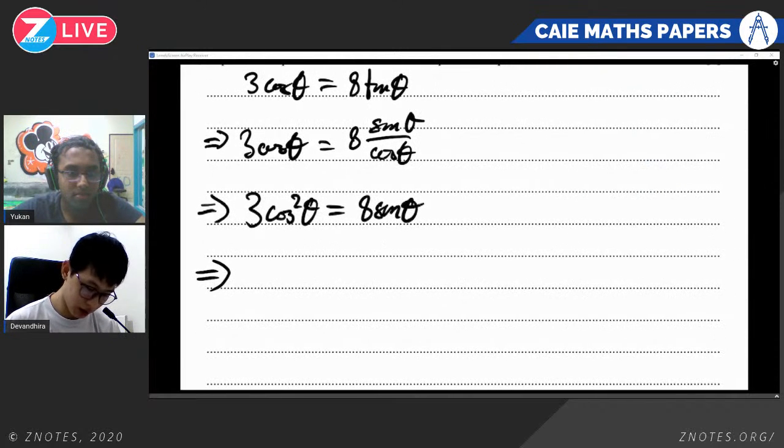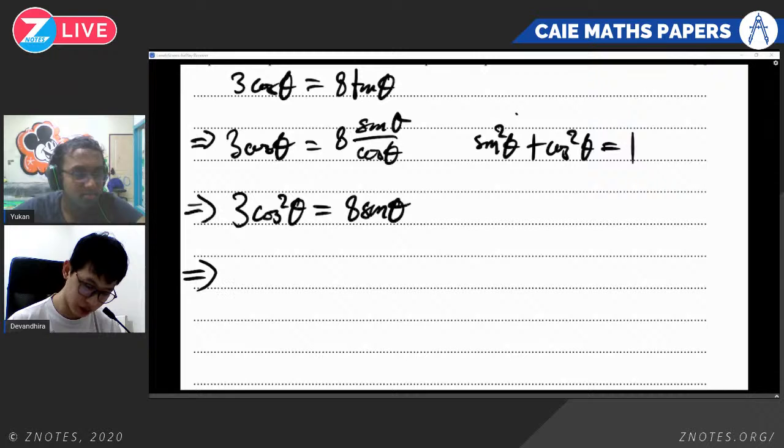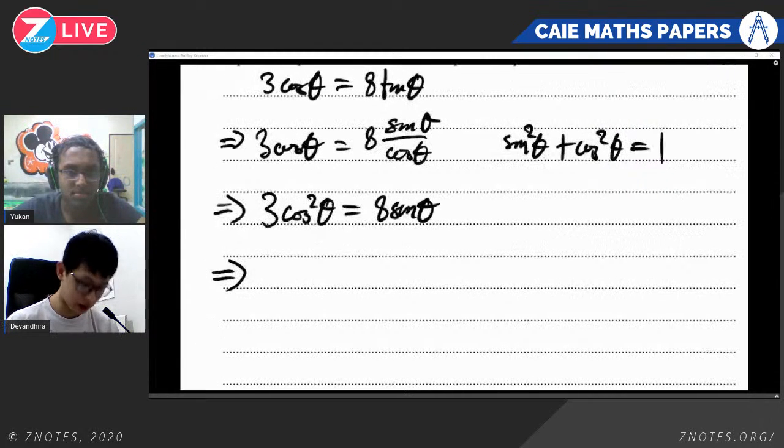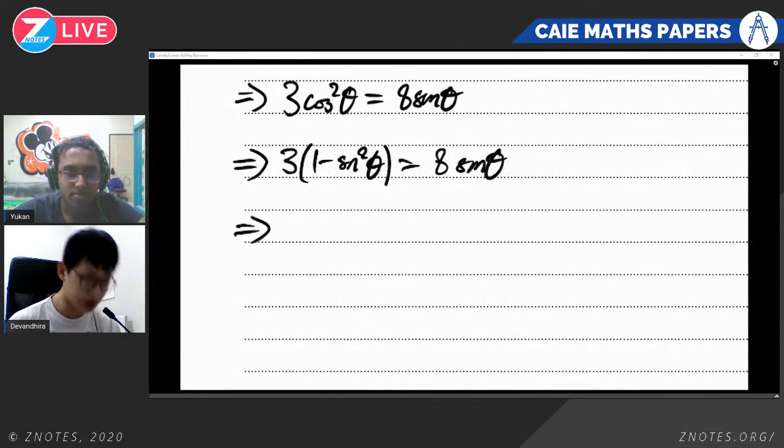Let's recall that the identity is sine squared theta plus cosine squared theta equals 1. I just make cosine squared the subject by moving sine squared to the other side, and I can replace it. So we have 3 times 1 minus sine squared theta is equal to 8 sine theta. Then just expand everything and move it to one side.